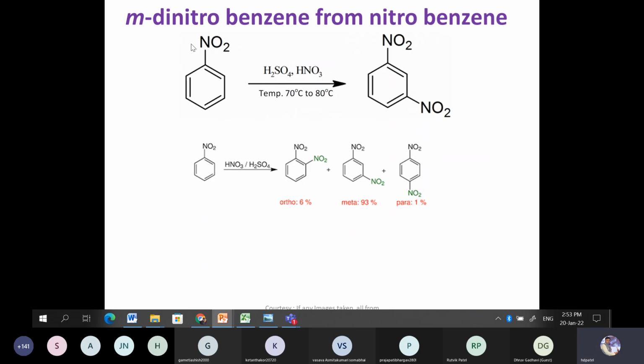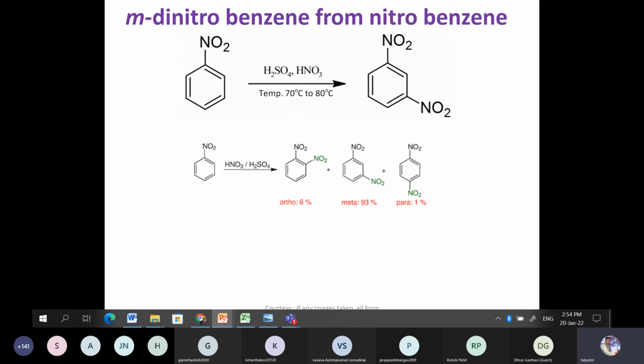Due to the directing effect, the upcoming group will attach at a particular position only, and that effect is given by this nitro group. Based on the characteristics of the nitro group, the group may attach at the ortho, meta, or para position.